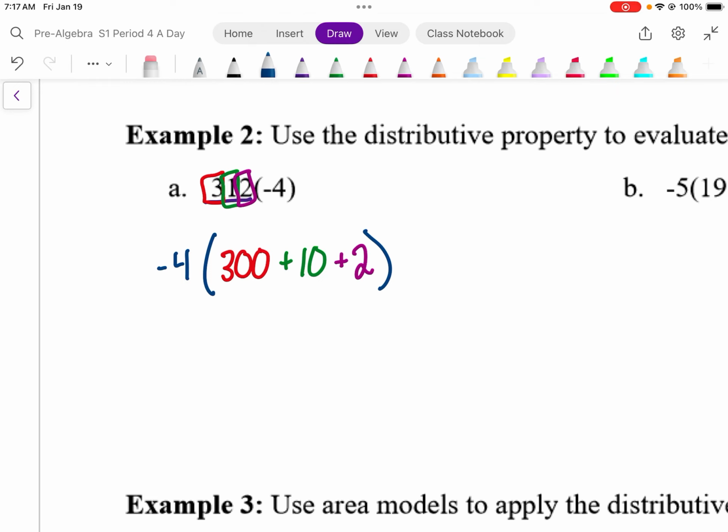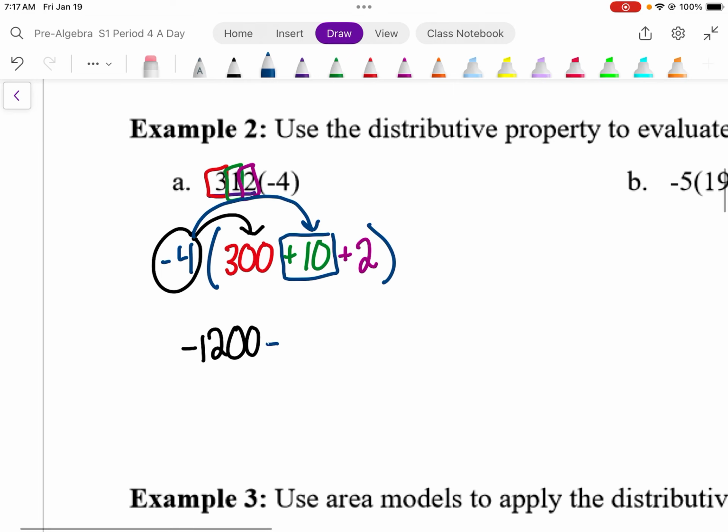So by breaking it up, it's going to make it easier for us to multiply without having to use a calculator. So if we take negative 4 times positive 300, that's going to be a negative. 4 times 3 is 12, and then we add those 2 zeros at the end. And if we do that again, negative 4 times a positive 10 is going to be a negative. 4 times 10 would be 40.